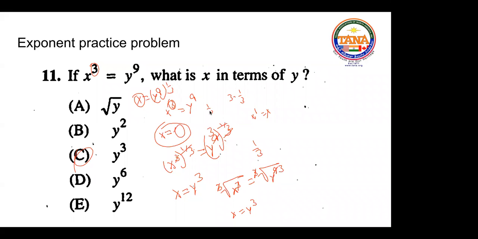Wouldn't it be just 9 minus 3? Well, no. Why? So the 1/3 is an exponent I added manually, an outside exponent for the equation, just to get rid of the 3. And I added it on both sides, so I keep the equation balanced.